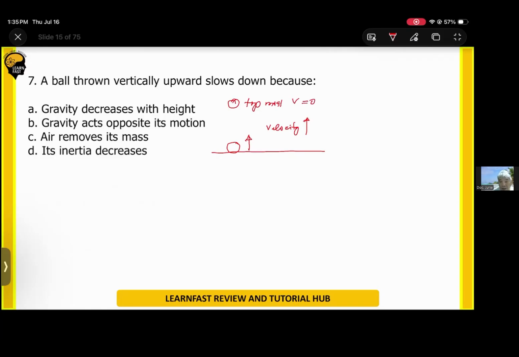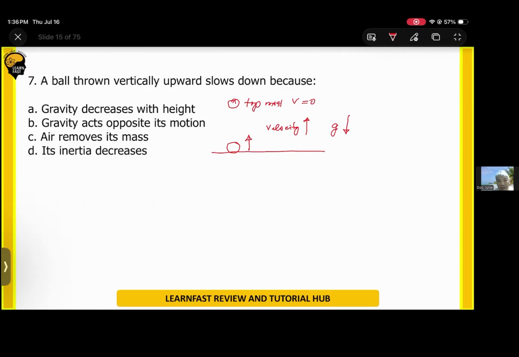Why? Because during the ascent of the ball, the gravity acts on it. Okay? And gravity is always acting downward. Palaging pababa ang gravity. So yung velocity paakyat, yung gravity pababa. So what would be the answer to the question?